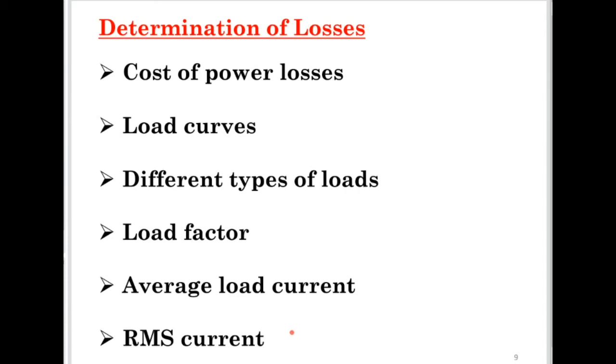Do you know about these words, average value, RMS value, maximum value?